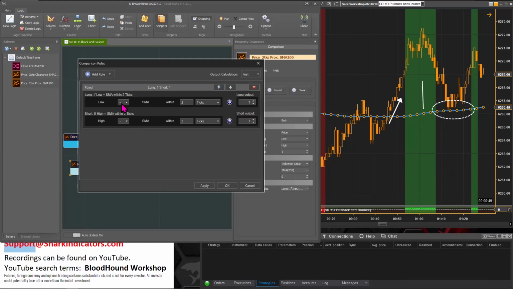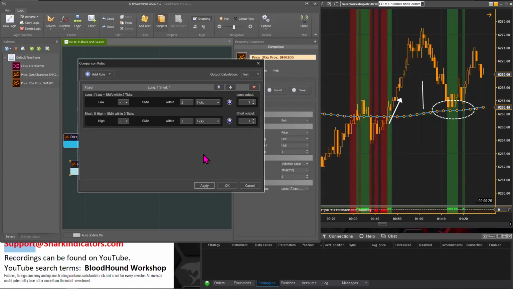So the equal creates a range, within 2 ticks of the SMA, right? So that means the low price could be 2 ticks above or 2 ticks below the SMA, right? So as long as it's within that range there.